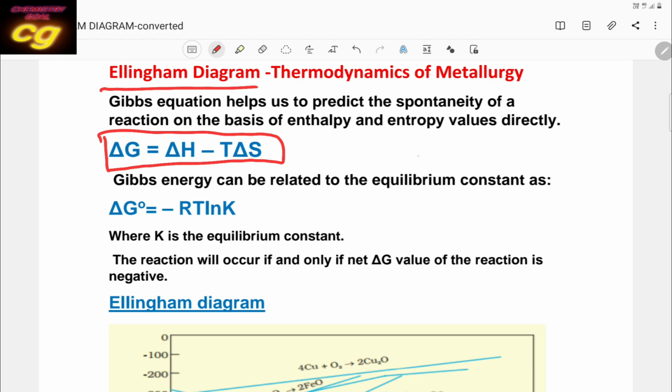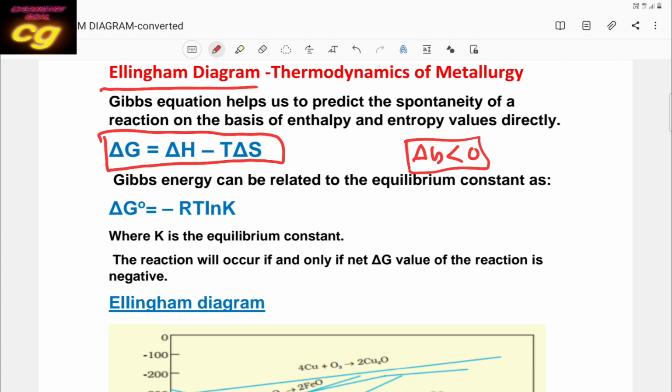This concept is for any spontaneous reaction: ΔG must be less than 0, then the reaction will be spontaneous. So ΔG = ΔH − TΔS, where the values of ΔH and ΔS are both responsible for the calculation of ΔG.